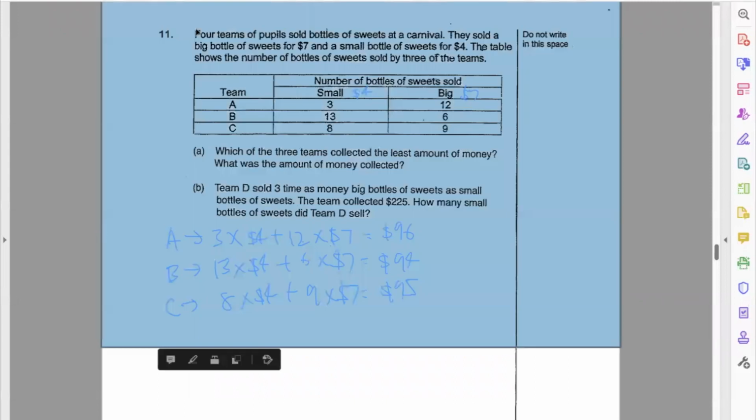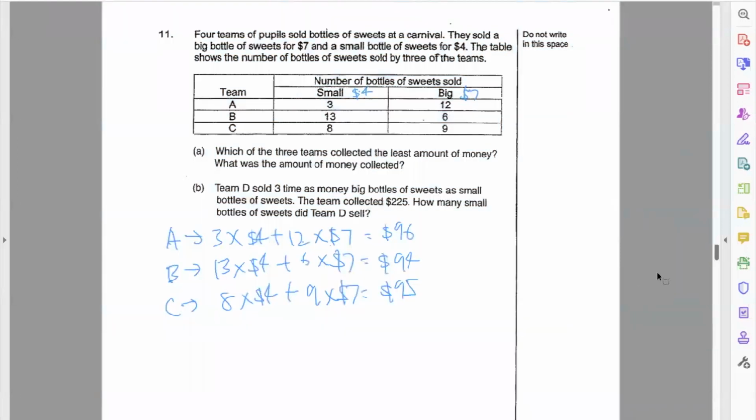So you can see the team that collected the least amount of money is team B. Okay, that's the first part of the part A answer.